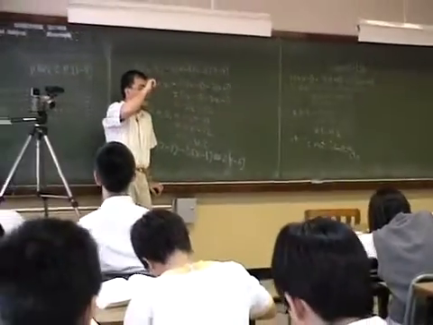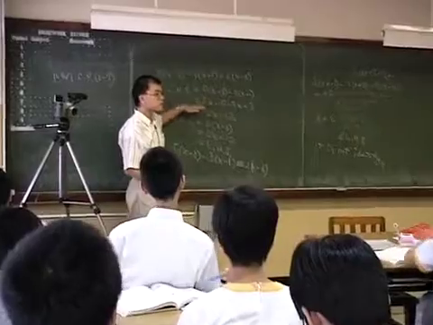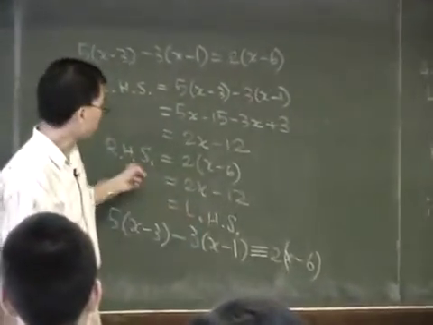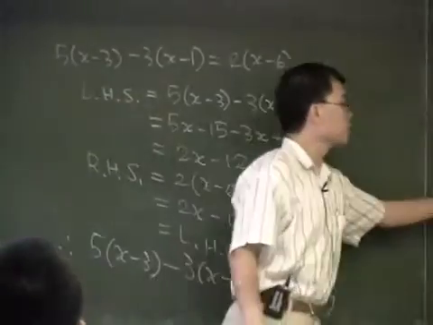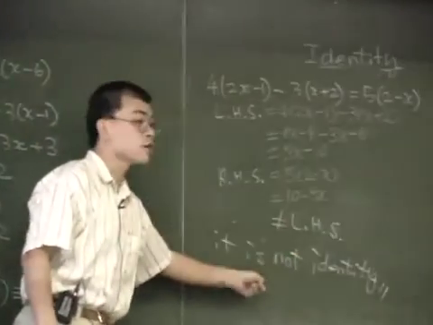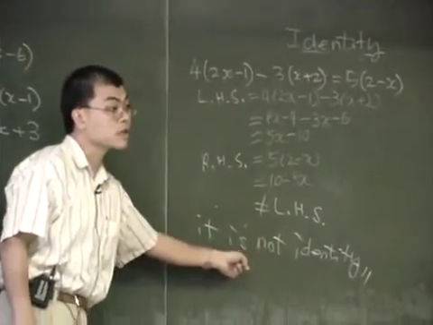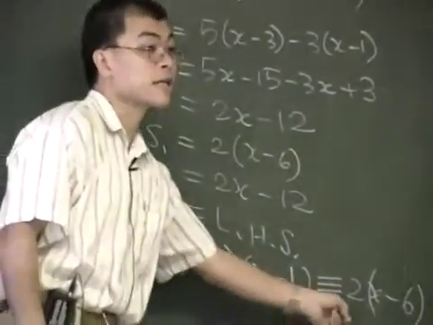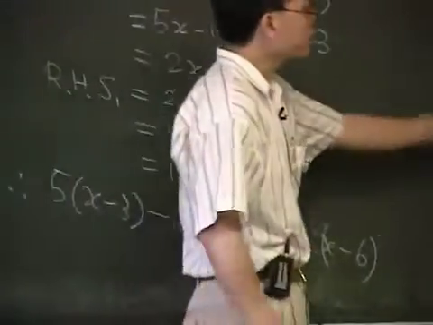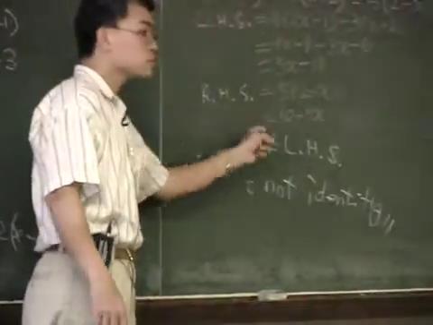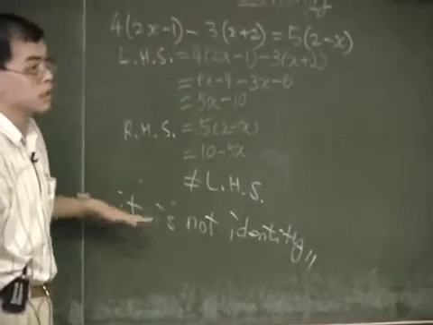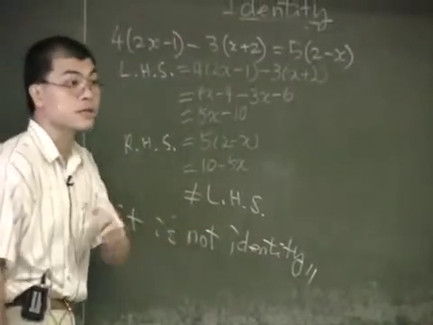Stop for a while. After the expansion, remember, you must tell whether they are equal or not, and then your conclusion. If left-hand side equals right-hand side, then it is an identity. But if they are not equal, then you can simply say that it is not an identity.